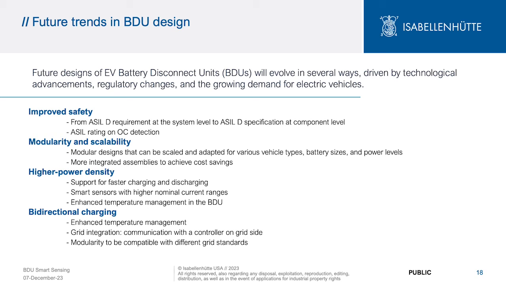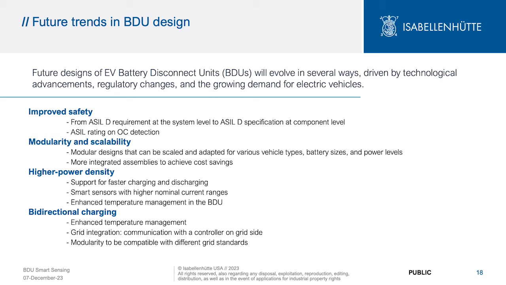Talking about different trends, one major trend that we see is the call for improved safety for BDU systems. So we see a clear trend from an ASIL D requirement at the system level to an ASIL D requirement on component level.